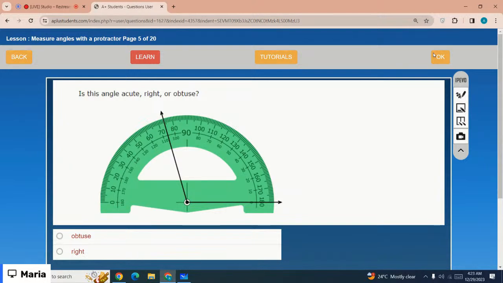Is this angle acute, right, or obtuse? Which is the correct option? That is more than 90 degrees, right? That is the obtuse angle because it is more than 90.